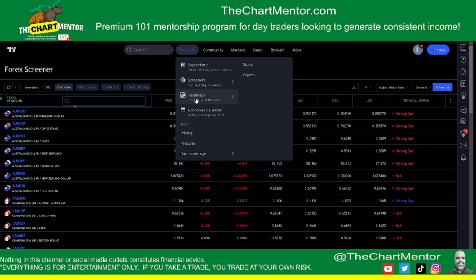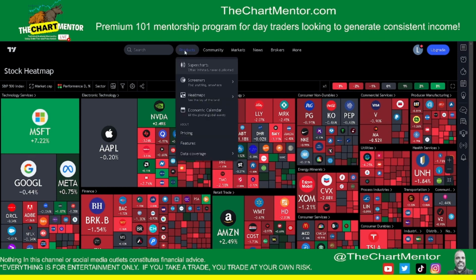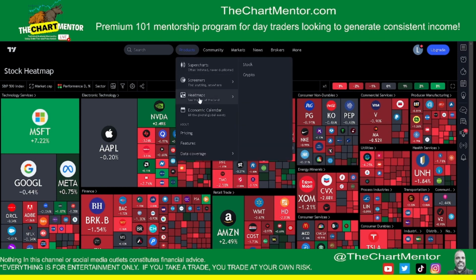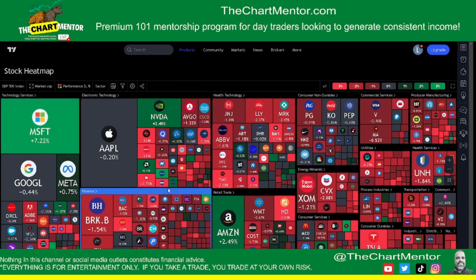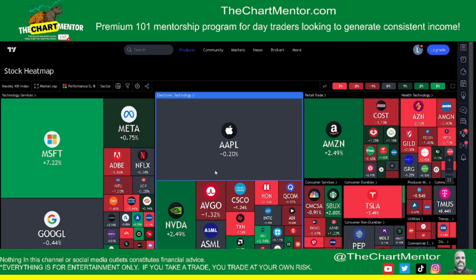Next we have the heat map. The heat map is good when you're starting out to get an idea of what's going on. In our mentorship program, we teach you to use the heat map to gauge what the NASDAQ, which is predominantly what we trade, is doing.